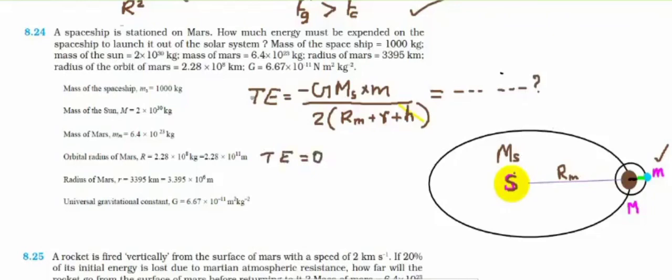So when you calculate the present total energy of the spaceship, you will get a negative value. Once you get that negative value, as we have done in problem 19, you need to give its positive value so that the total energy becomes zero. Suppose you are getting negative x here, then you need to supply positive x so that the total energy is zero, so the spaceship can escape.